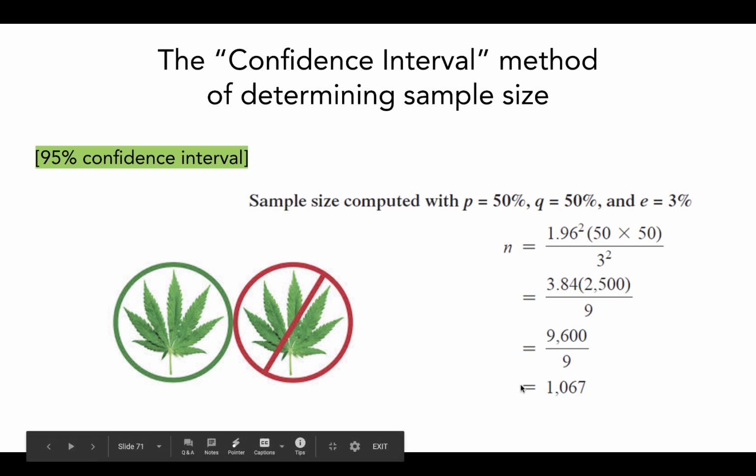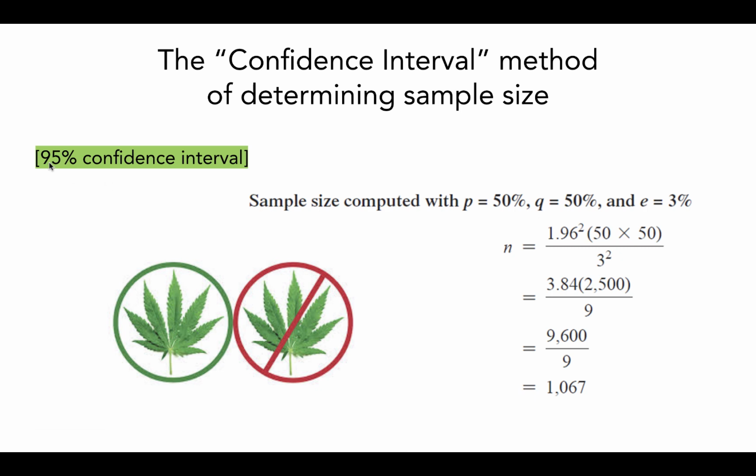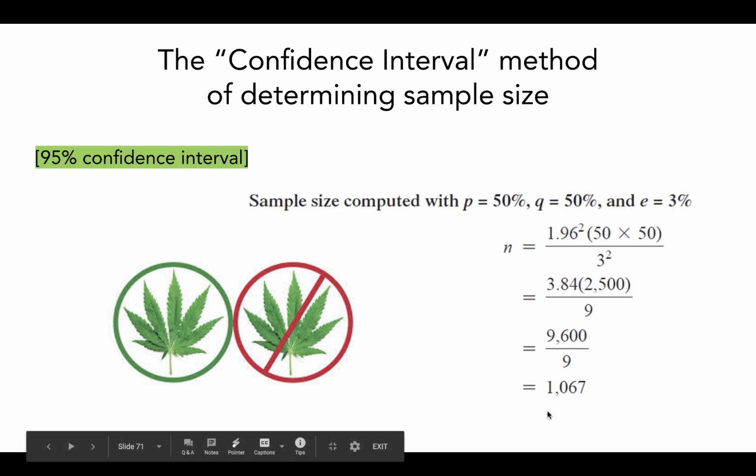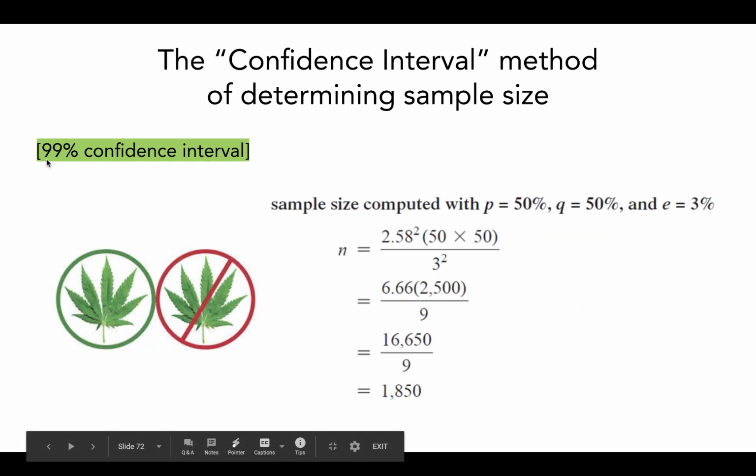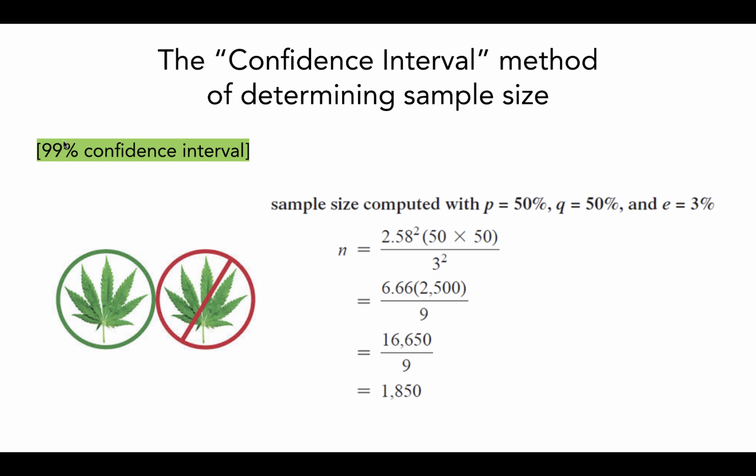Now I will show you that exact same formula with the exact same variability and the exact same sample error, but with a different confidence interval, and how that results in a different sample size needed. If we change the confidence interval from 95% to 99%, we now use the z-score 2.58 right here.